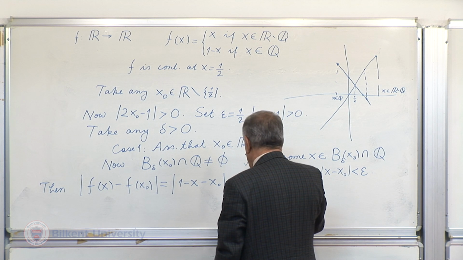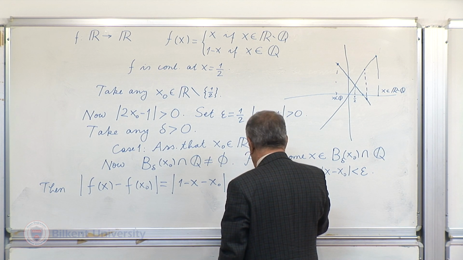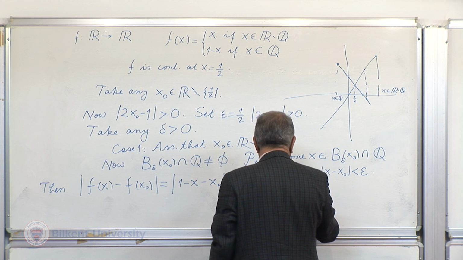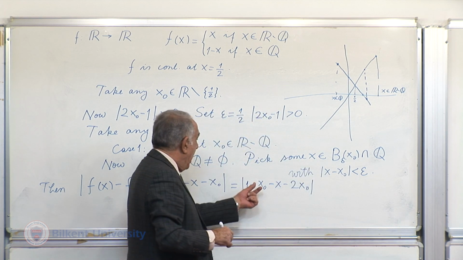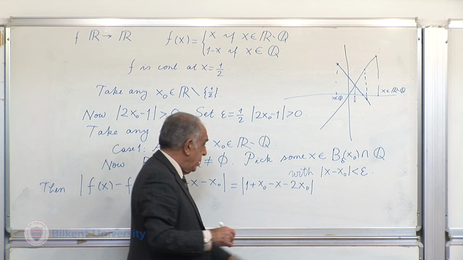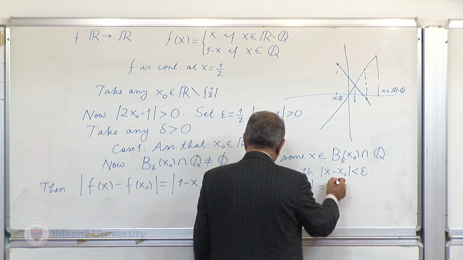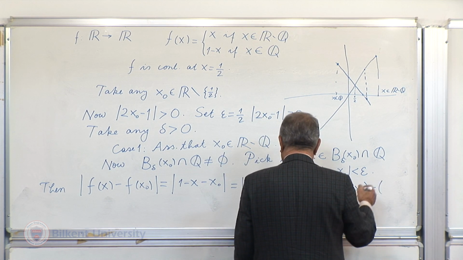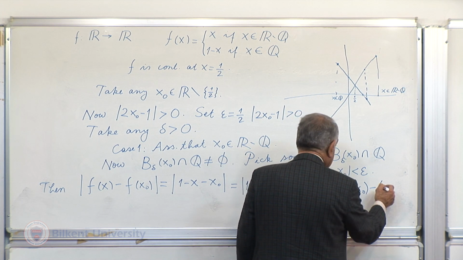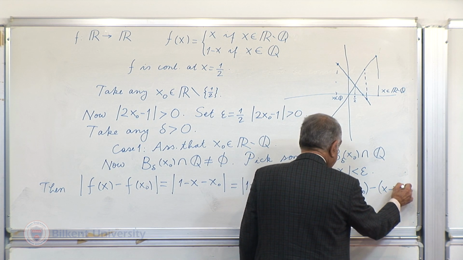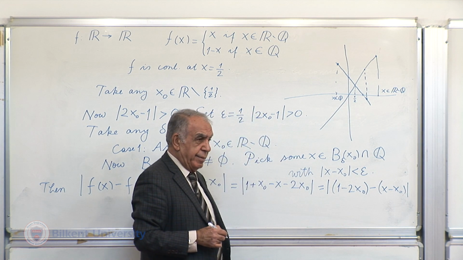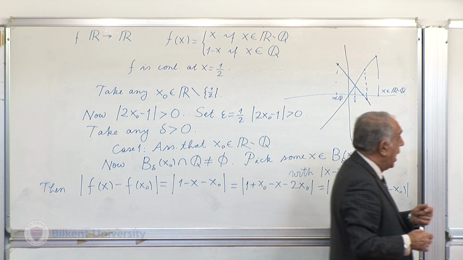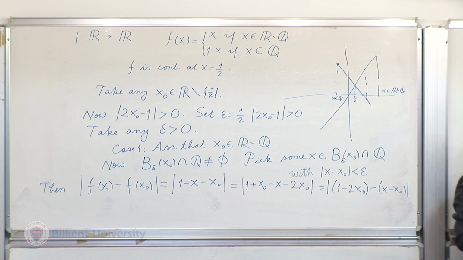Oh, but epsilon is 1/2 this, so let me rewrite this as 1 plus x naught minus x minus 2x naught. So I have added and subtracted x naught, but now this is 1 minus 2x naught minus (x minus x naught). Well, this is a norm. Now I can use this inequality.